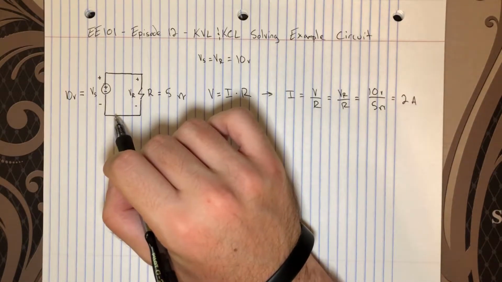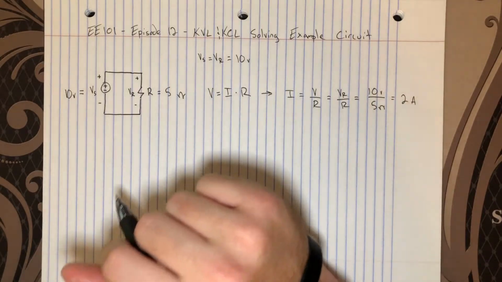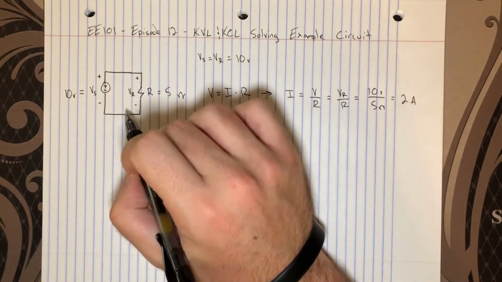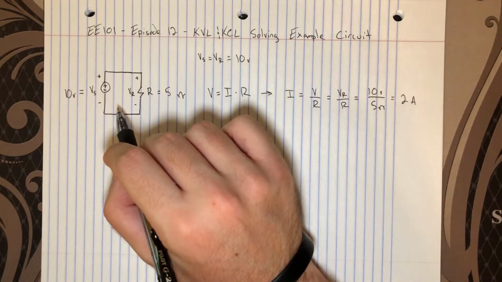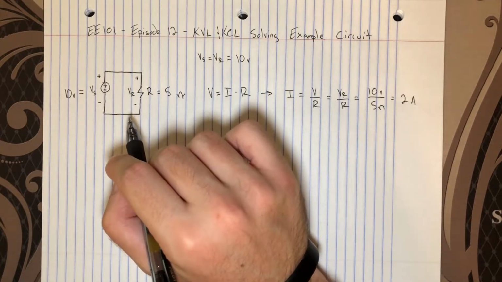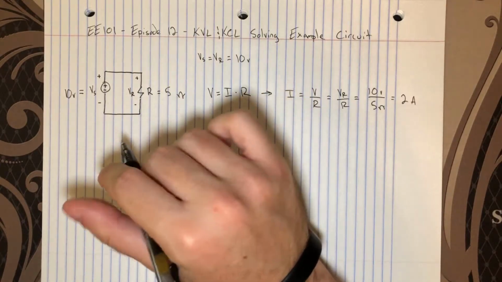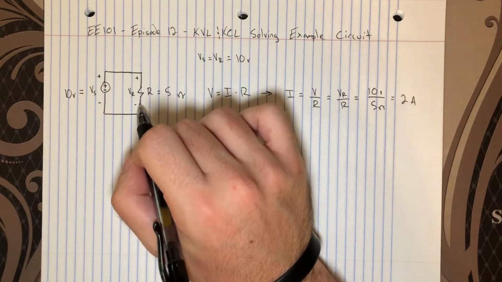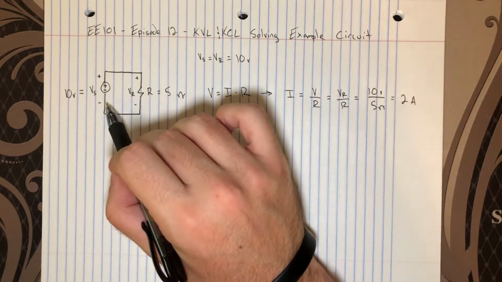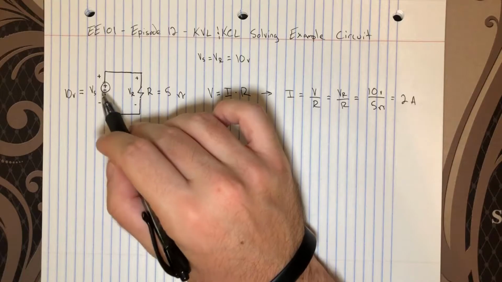It turns out they're actually also in series. So if you think about this loop, there's only a single path for current to flow. And if you recall how I described the way that current flows through circuit elements, you know that all the current that flows through this resistance has to flow through this voltage source.